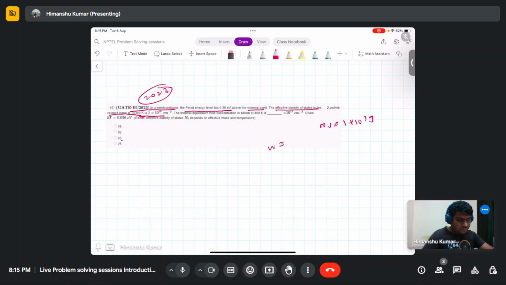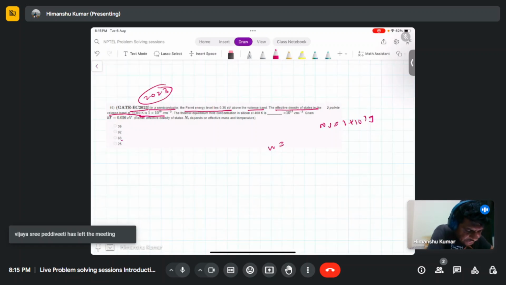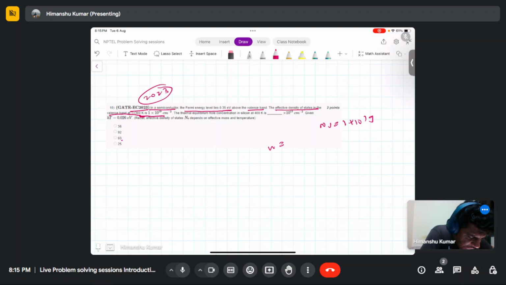So at room temperature we are given the effective density of states, and we need to find the hole concentration for 400 Kelvin. And we know from the equation Nv is directly proportional to T to the power 3 by 2.